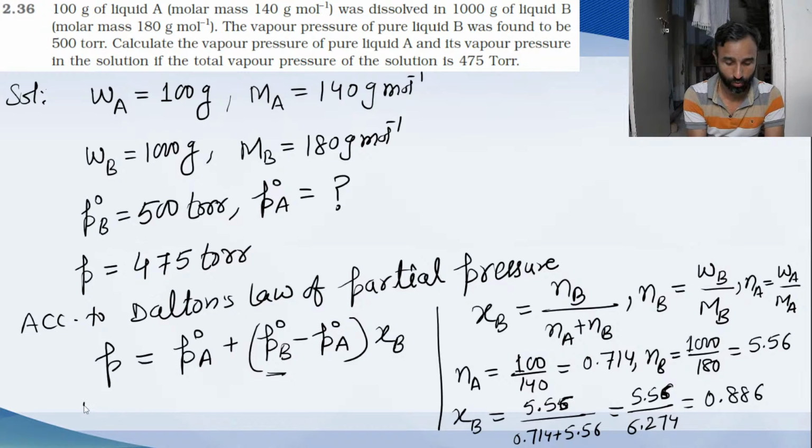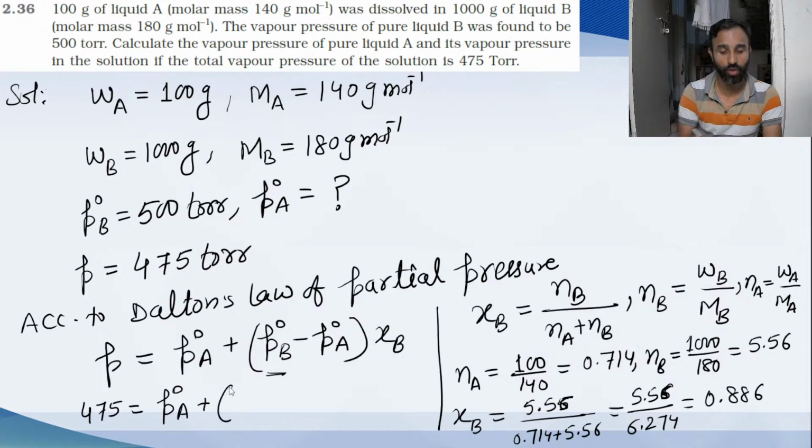P is 475. P naught A we have to calculate. P naught B is 500 minus P naught A into 0.886.